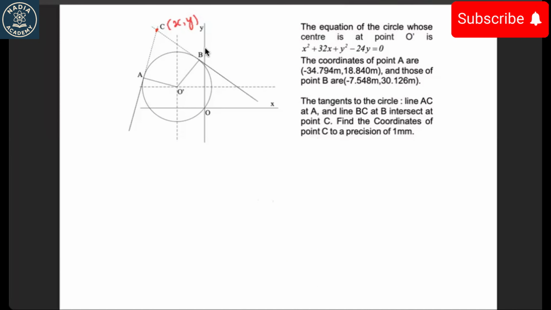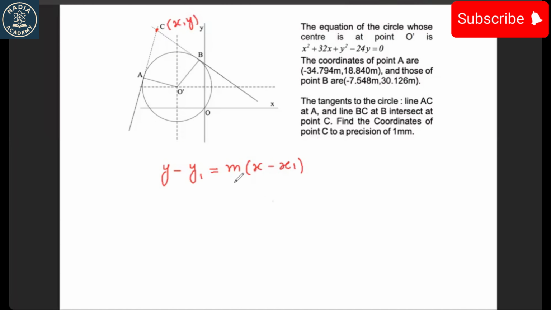Now, the next question is how can we find the equations of BC and AC? We can see that these are straight lines. So the equation of a straight line is y minus y1 is equal to m into x minus x1.